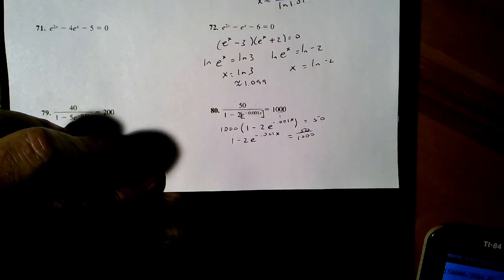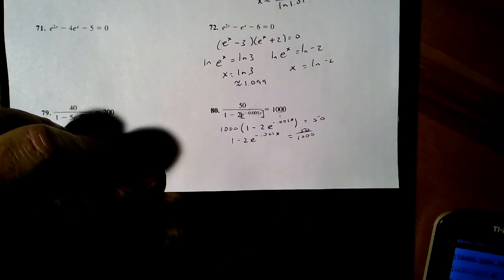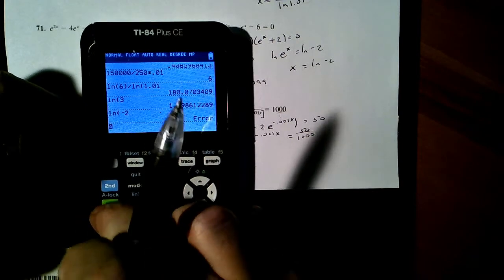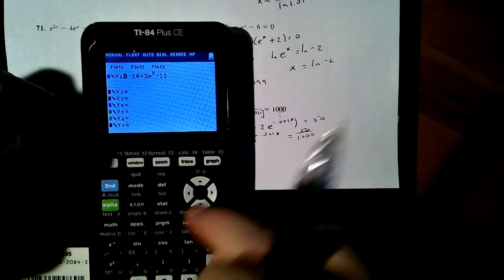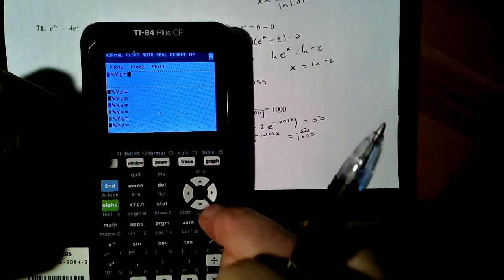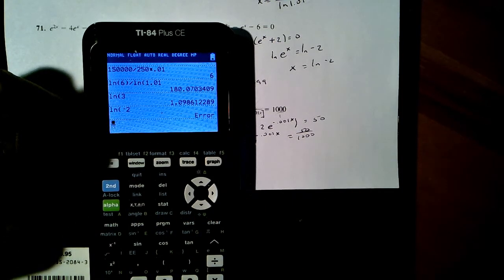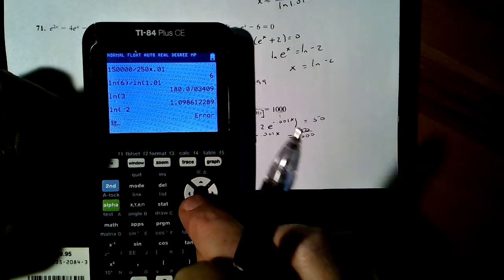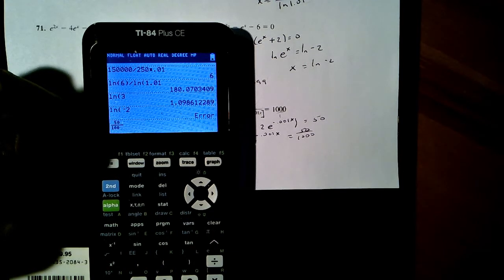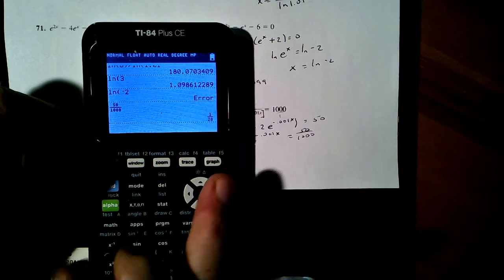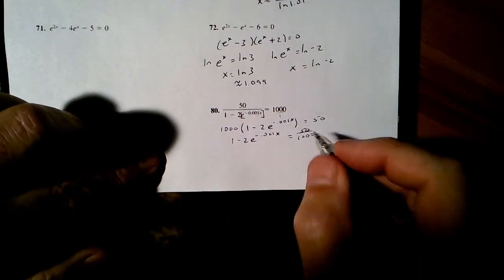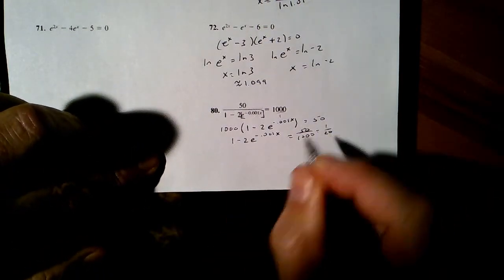And 50 on 1,000, those reduce by 50. And if you want to be lazy with it, alpha y, second quit, alpha y equals fraction. You want to be lazy with it, shouldn't have to, we ought to know, but that's 1/20th. So this is 1/20th.